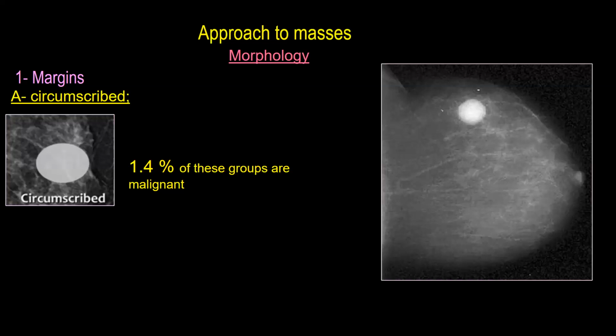Mucinous. What else? Go with M. Metastasis. Breast metastasis. What else? Go with M still. Malignant phyllodes. Go with M.